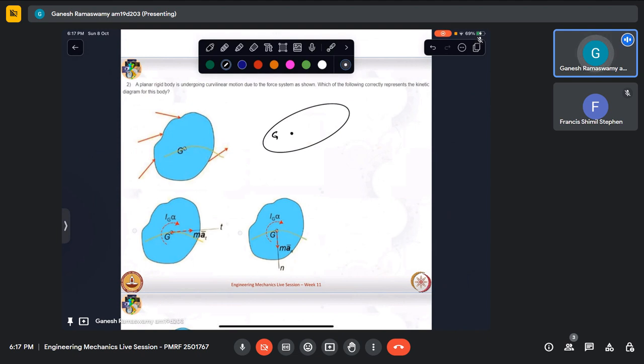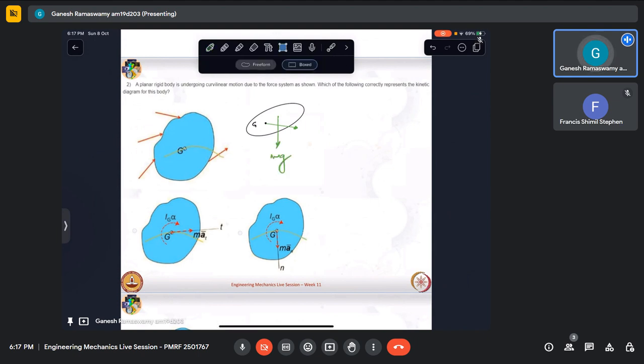Let us say I have applied a force like this. Now this is the free body diagram, considering its mass also.